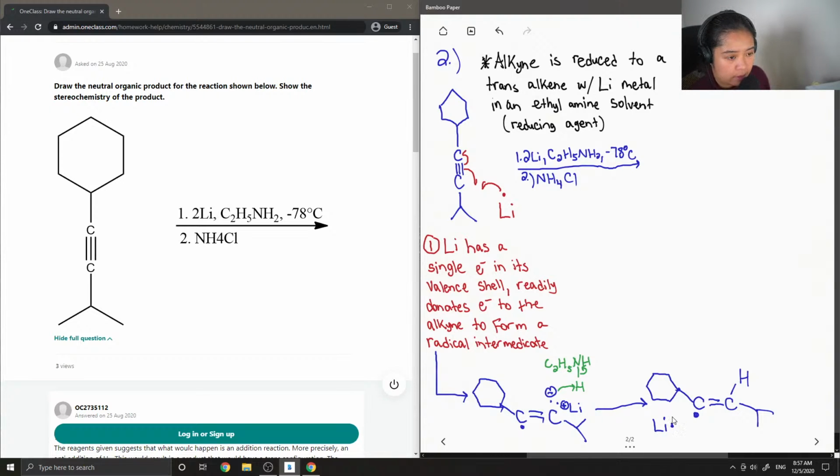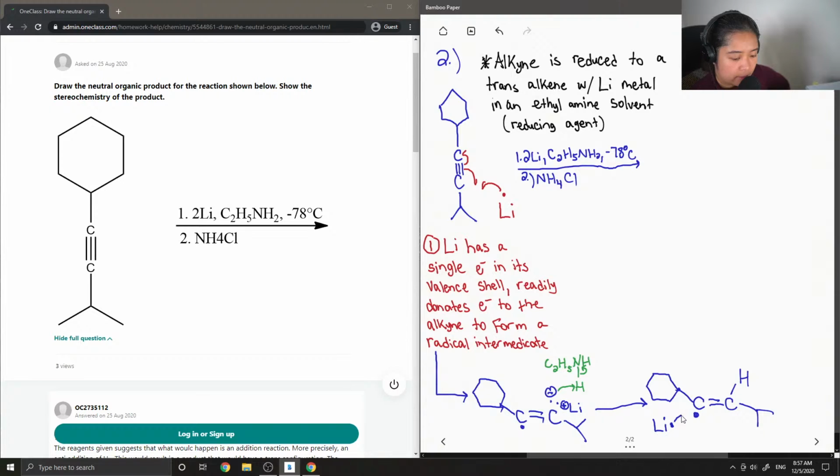And then our second mole of lithium comes in to help stabilize this radical. So I think it just donates one of its electrons to the radical.